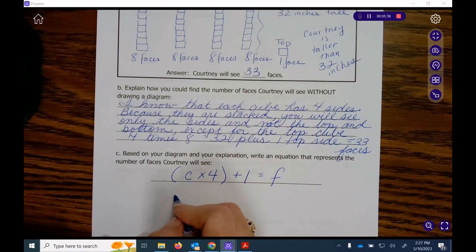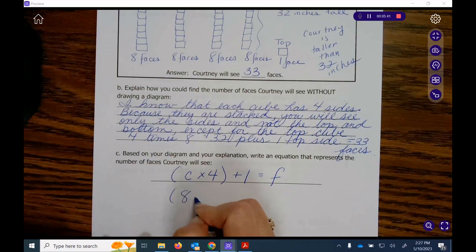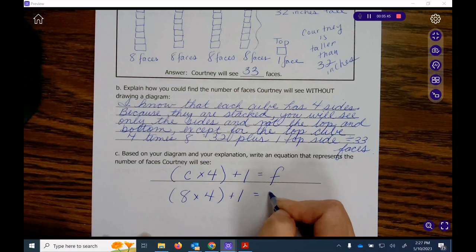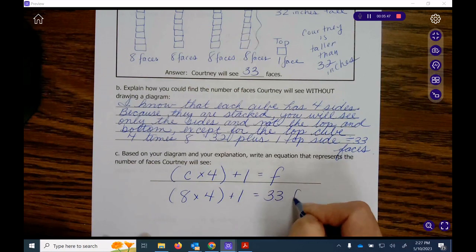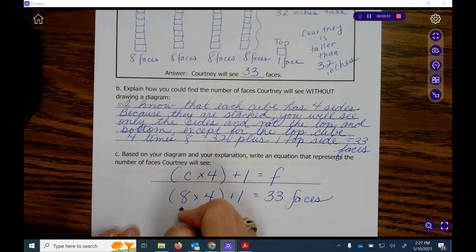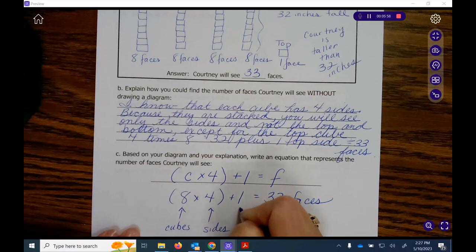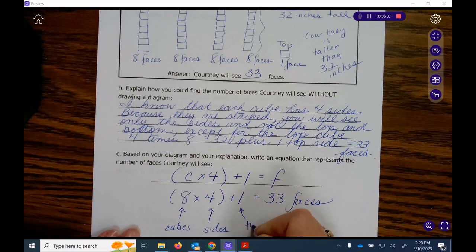So in our case, it was 8 times 4 plus 1 equals 33 faces. So this was cubes, sides, top.